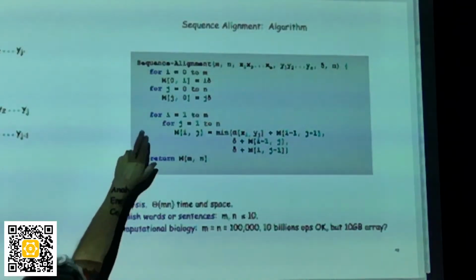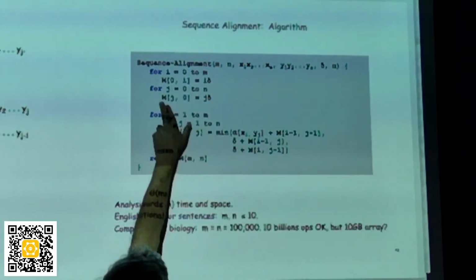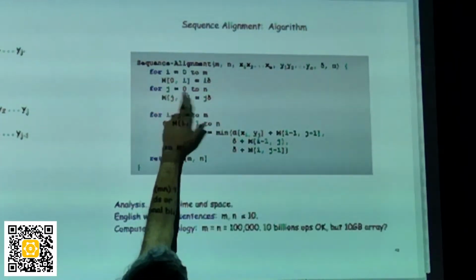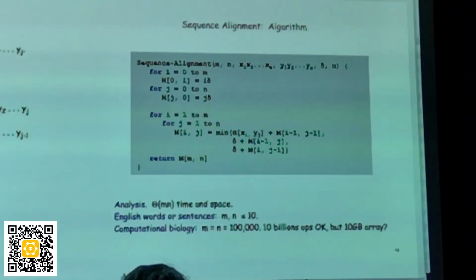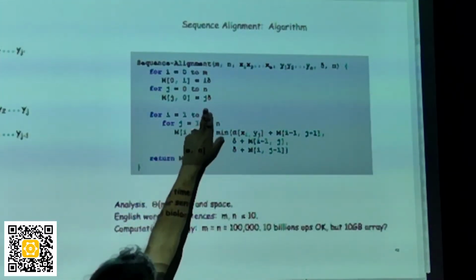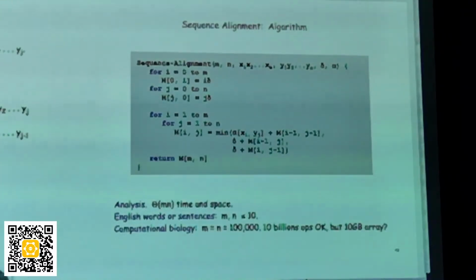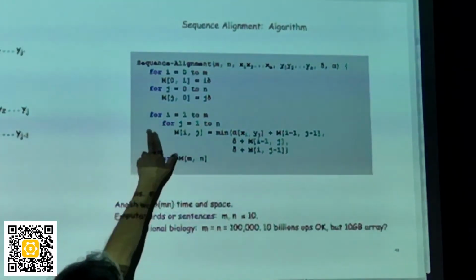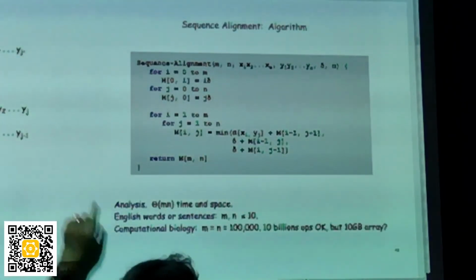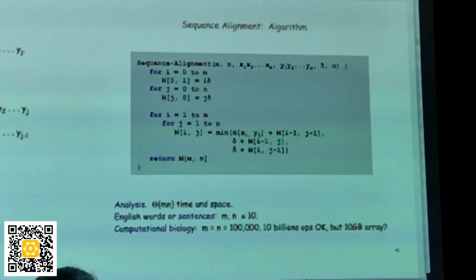So that's the first row, and this is the first column. You're figuring out how many gaps you're going to need in order to match them, so you get i times delta and j times delta. That's your first row and first column. So things start off differently as well. And then the rest is exactly the coding of your recurrence relation.